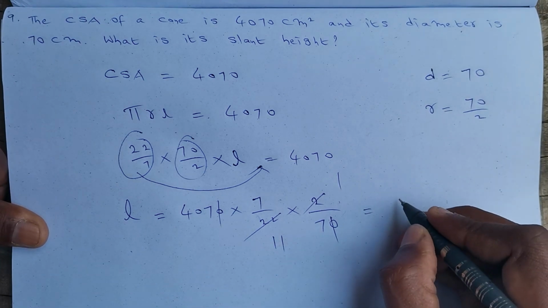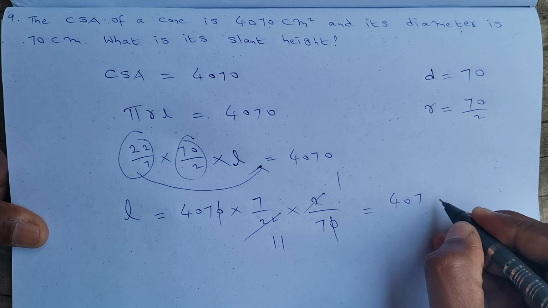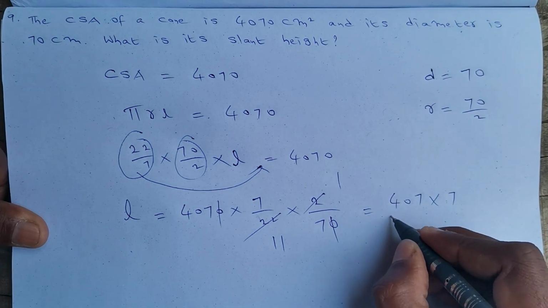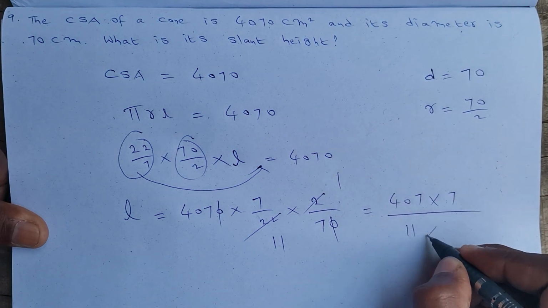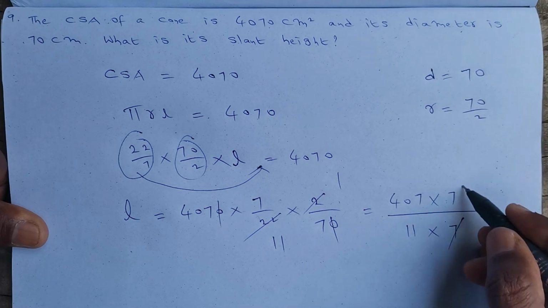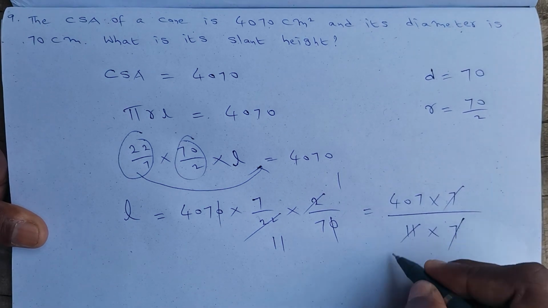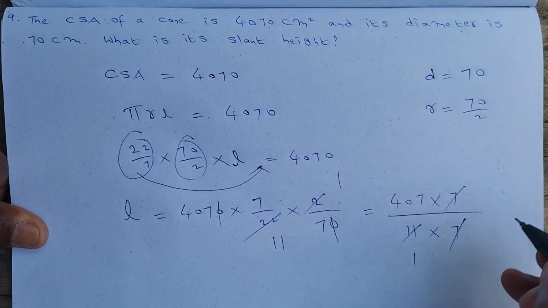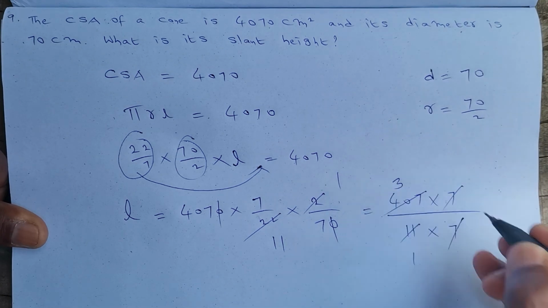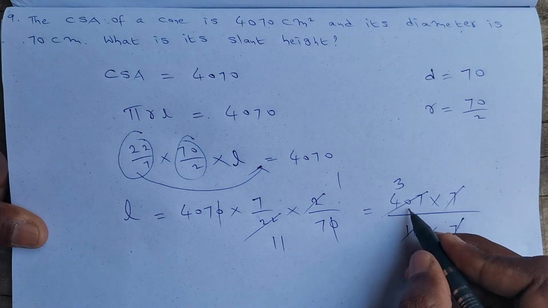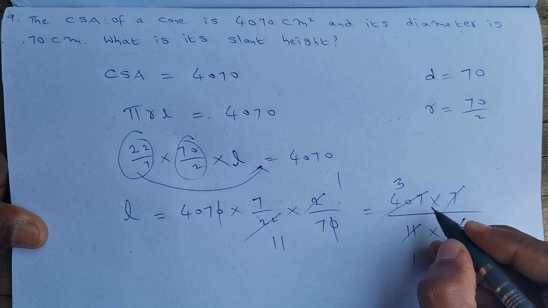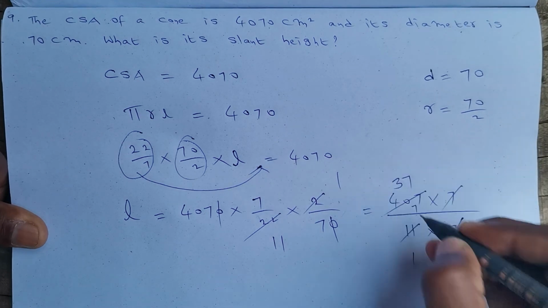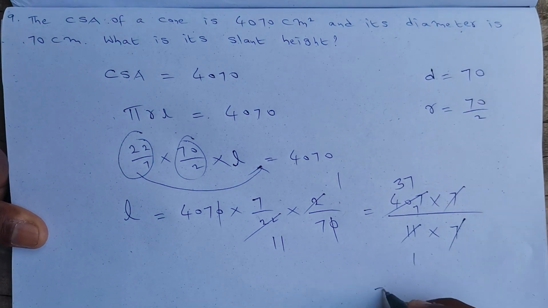So we will get 407 into 7 whole divided by 11 into 7. Here 7, 7 both will get cancelled. 11 threes are 33. From 40, 33 completed means remains 7. So 77. 11 sevens are 77, which is equals to 37.